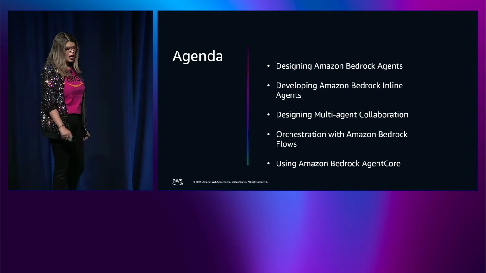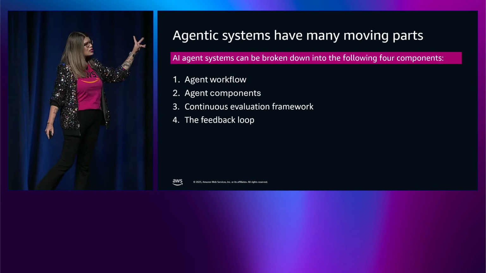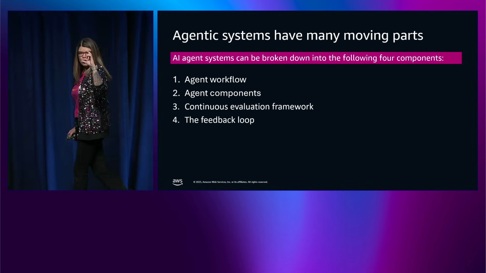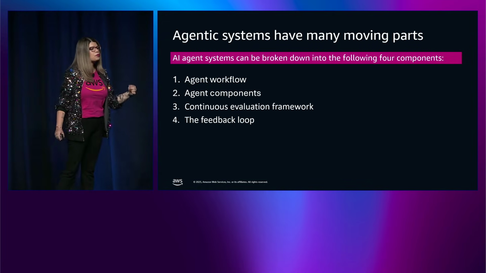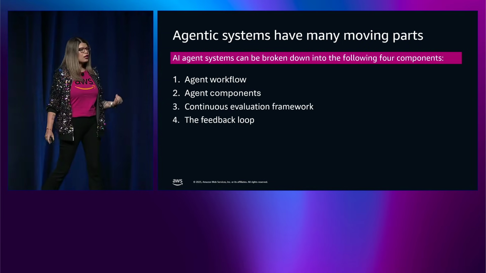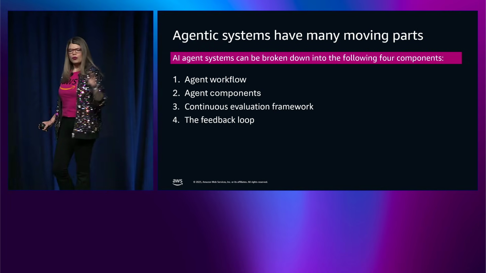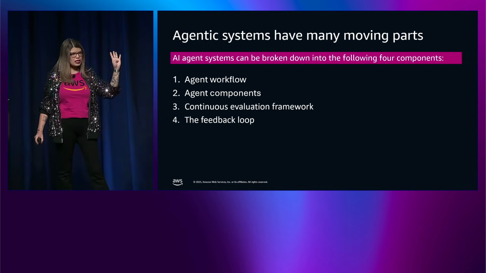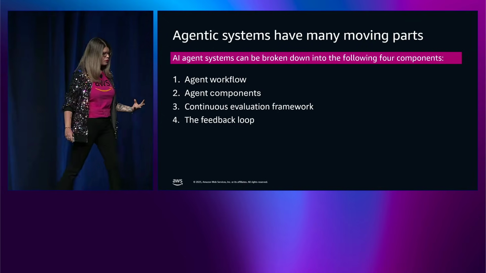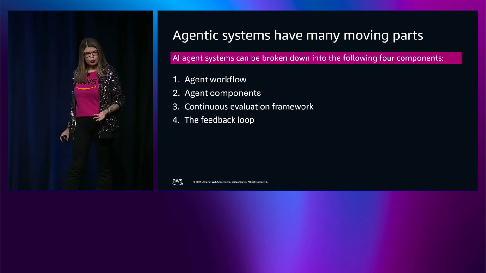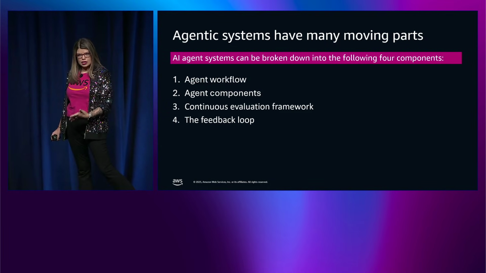So let's start. When we think about agentic systems, we're not thinking about just a single component. We have a major ecosystem. In some cases, it's pretty similar to a microservices ecosystem. So we have here at least 4 components. These are the key components. First, the agent workflow. Your agent is going to receive an input, and what the agent is going to perform after receiving this input.